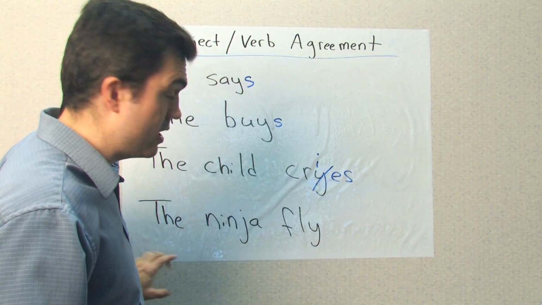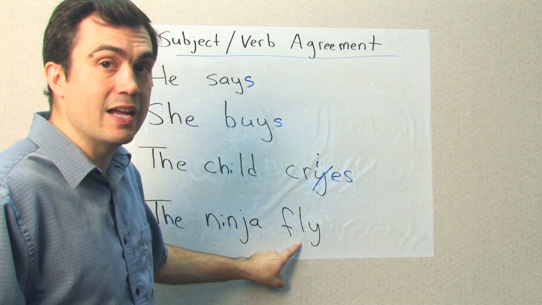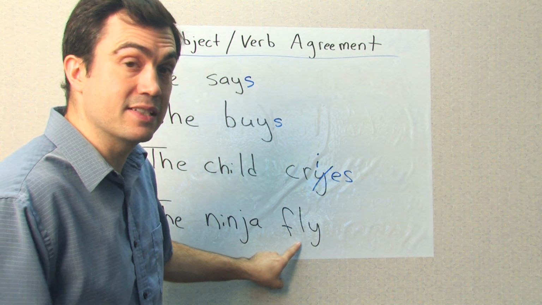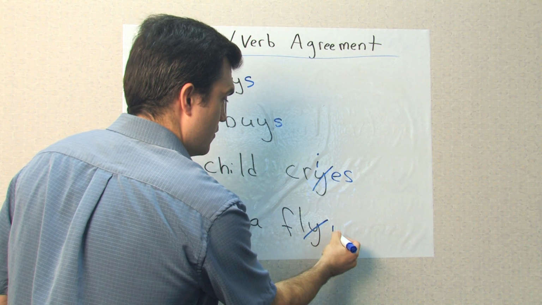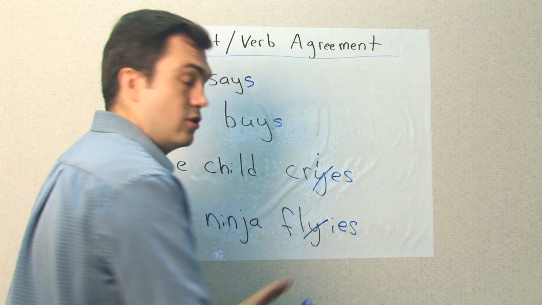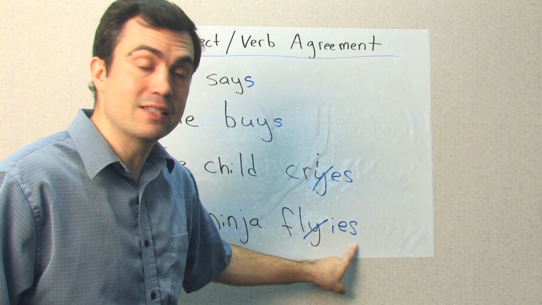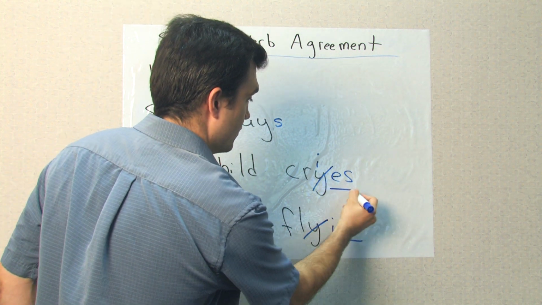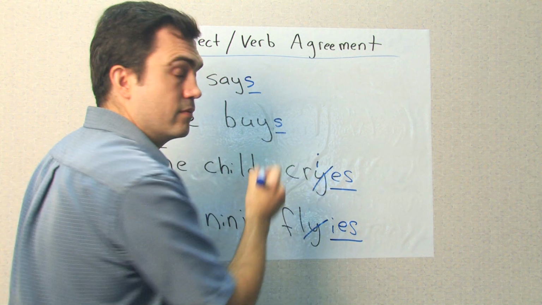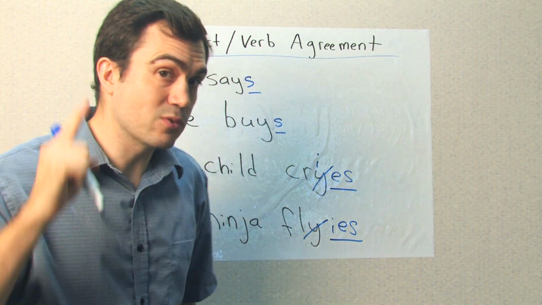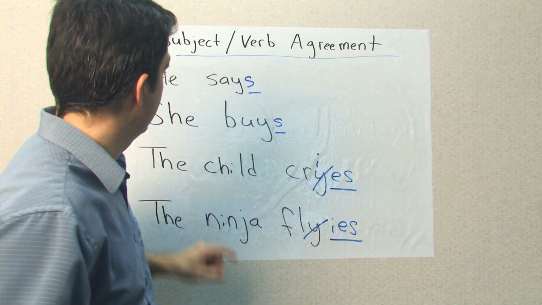The ninja, not fly, flies. Drop the Y, add I-E-S. In all of these cases, we hear the Z sound.